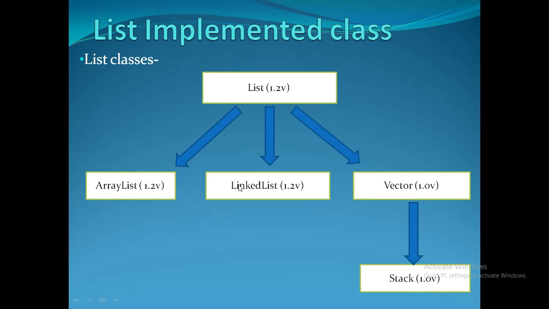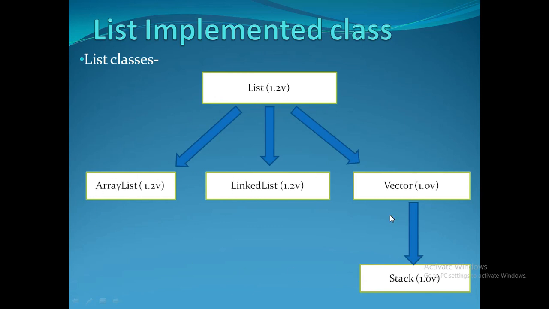The same add method will be there, but the way this add method works is different for each class. The logic of implementation is different for each class, but the feature or contract will be the same. The features from the list will be present in all these classes.